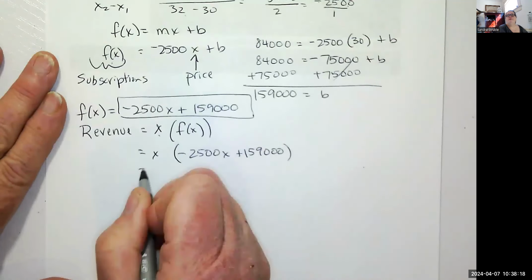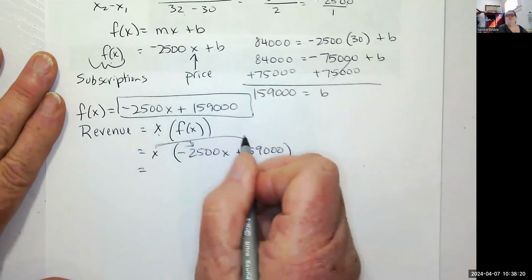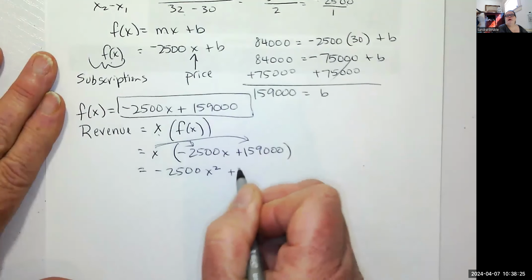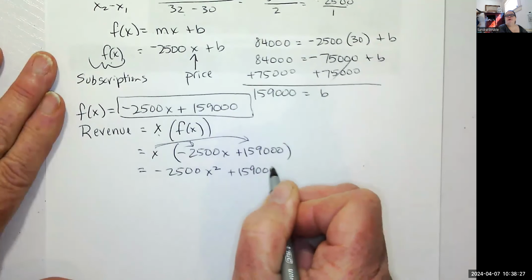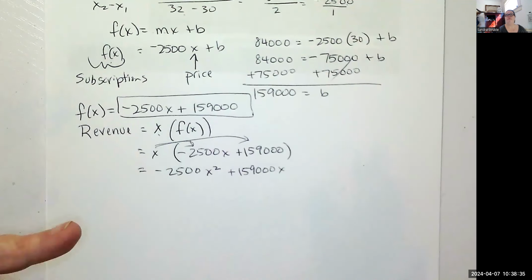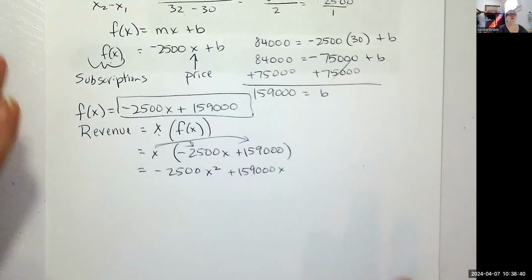I can multiply those, I just distribute: negative 2,500 x squared plus 159,000 x. And that's my revenue. That's a quadratic, a parabola that opens down, so there is a max value here, not a min.